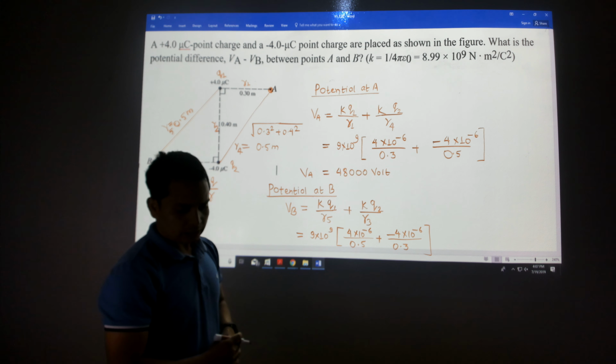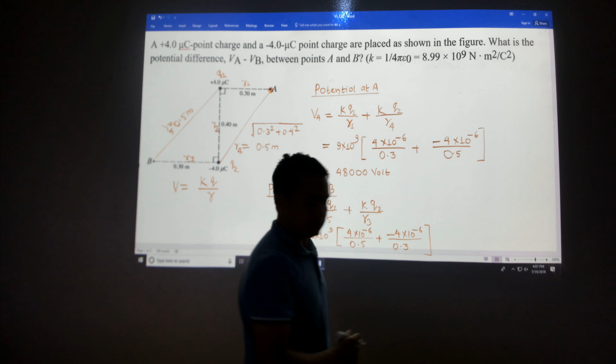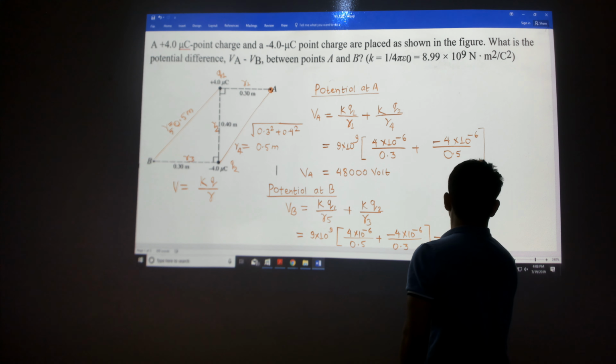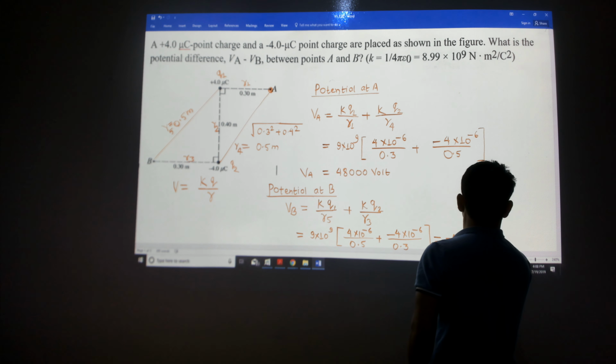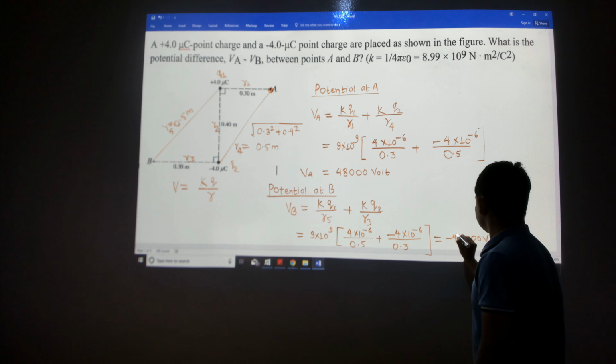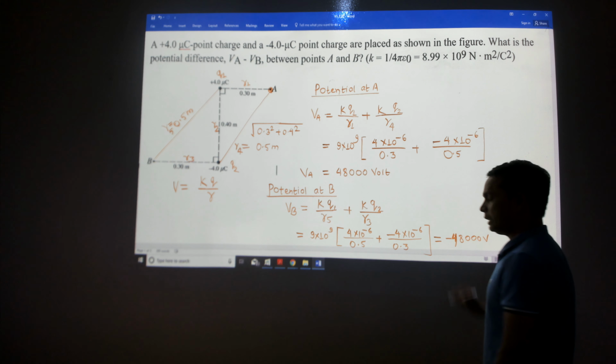If you do this math, you'll get the number which is equal to minus 48,000 volt. This is for VB.